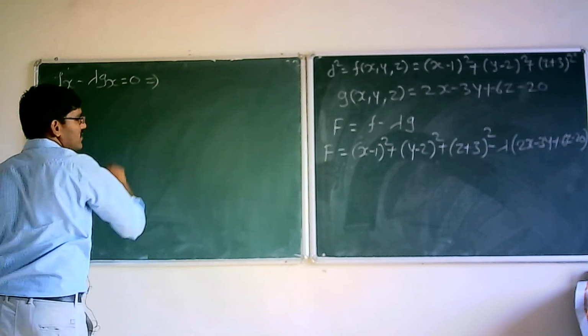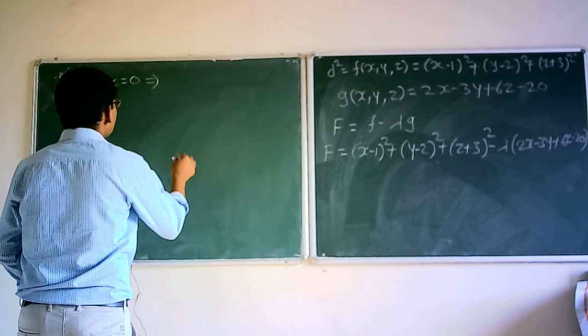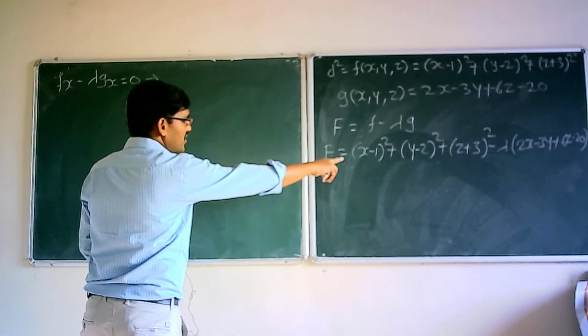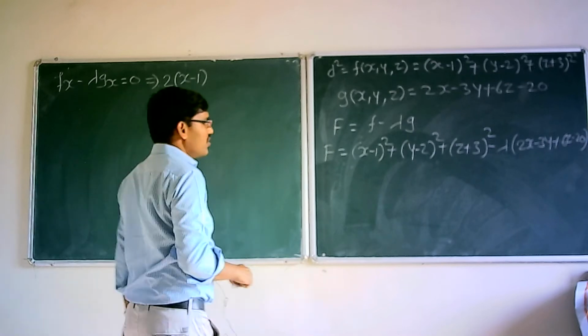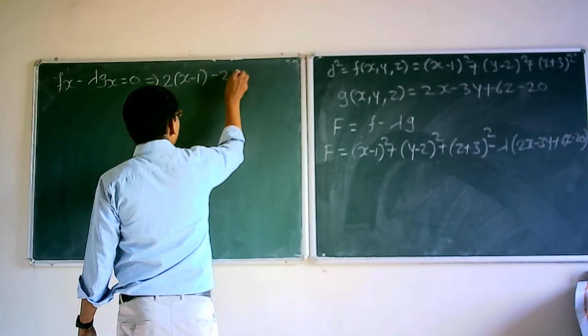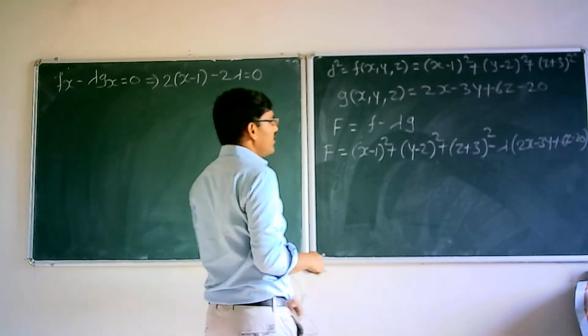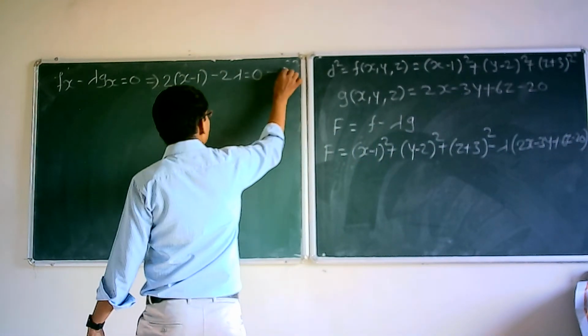This implies, what is f of x? It is the derivative of this term with respect to x, 2 times x minus 1, and what is the derivative of this term with respect to x? It is minus 2 lambda is equal to 0. Derivative of this twice x with respect to x is what? 2. So this is equation number 1.